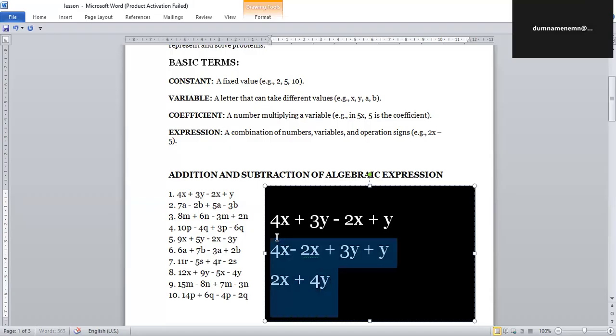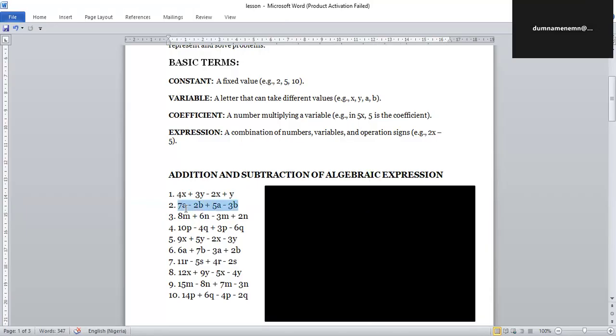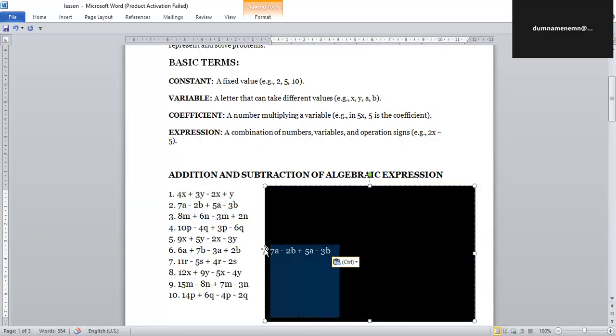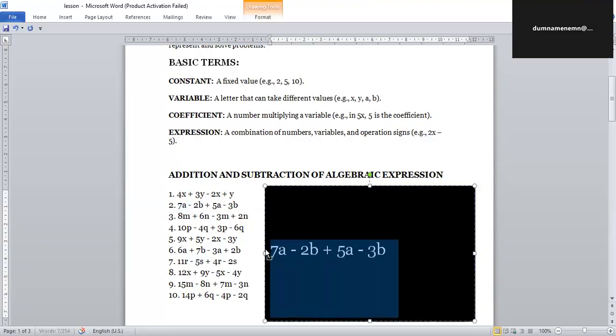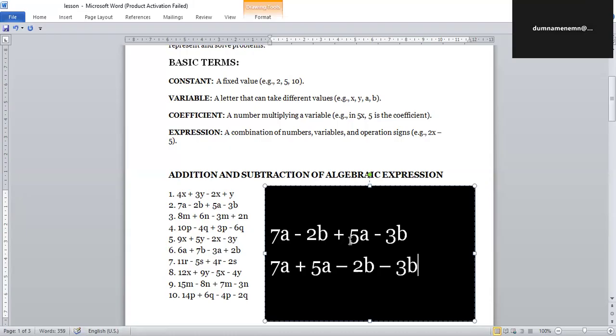Okay, now let's look at question 2. All right, the same thing is applied here. You collect the like terms: 7a, you look for a again, plus 5a, then we have b, carry the negative sign along, minus 2b, minus 3b.